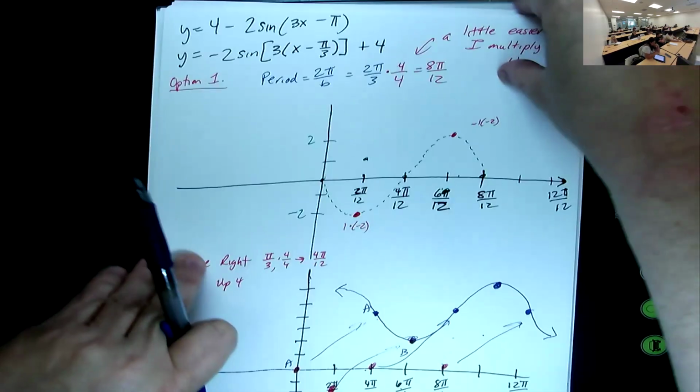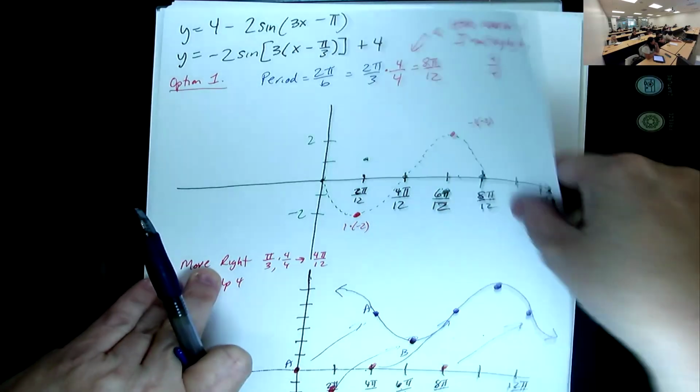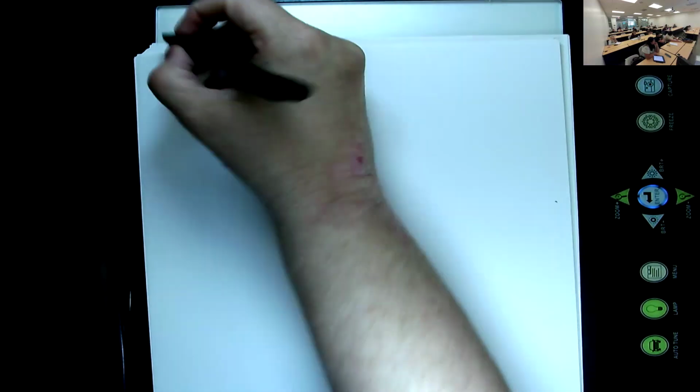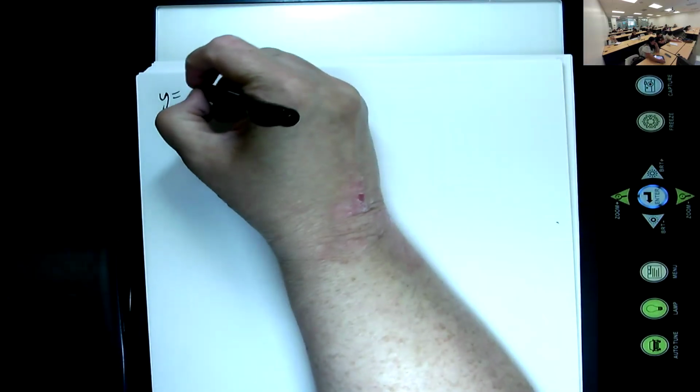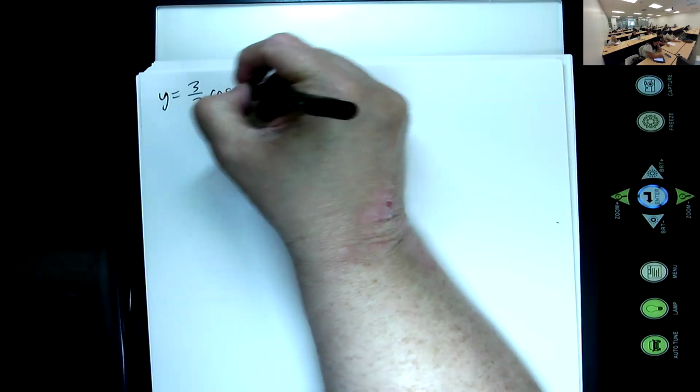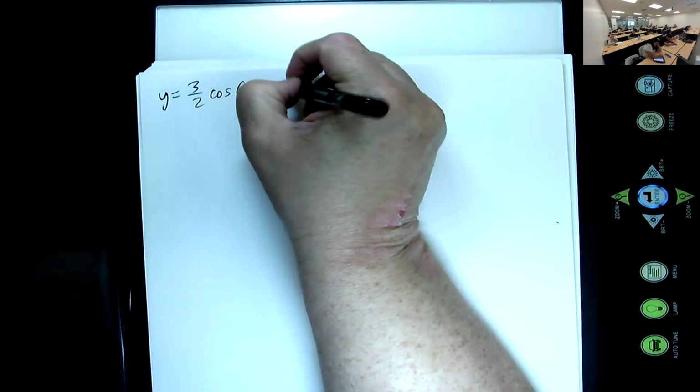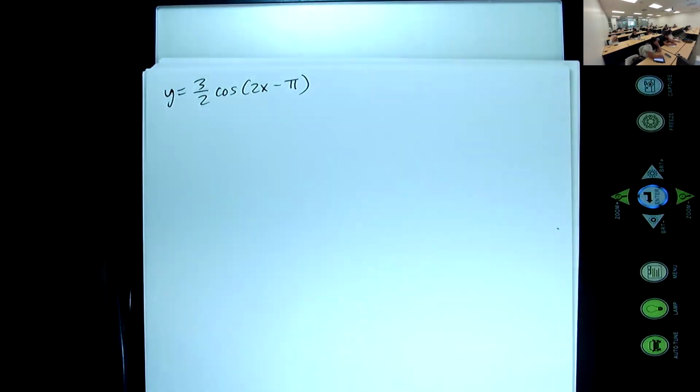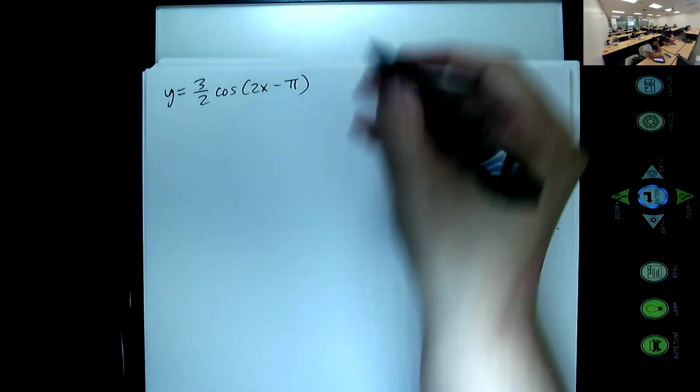Okay, let's try. y equals 3/2 cosine of 2x minus pi. And I'm gonna do this using option 2.